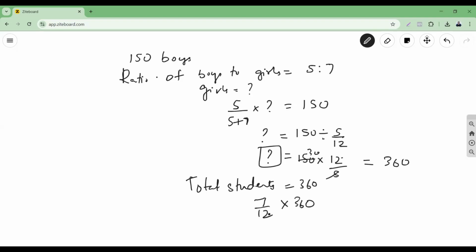So 7/12 of 360 is going to be 210. Now, this is the number of girls, and we know from the question there are 150 boys. When you add up, you have to get 360, the total number of students.